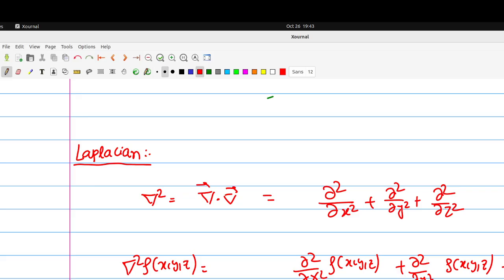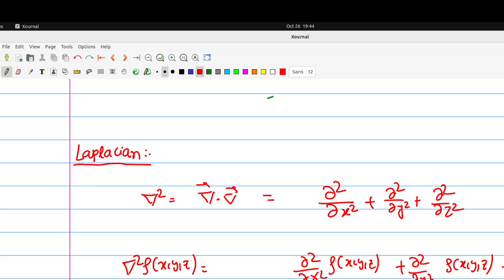Similarly, you can act this nabla operator on a vector field, an electric field E(x,y,z). It will give the same thing with a vector sign: d square by dx square E vector, d square by dy square E vector, d square by dz square E vector.